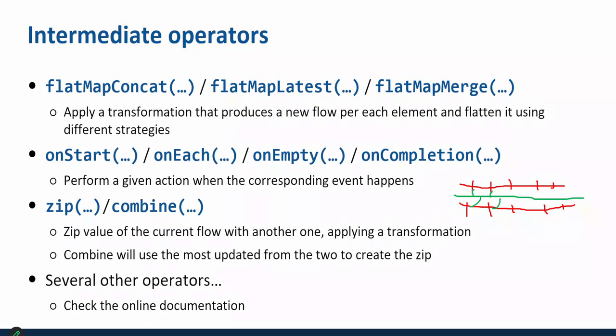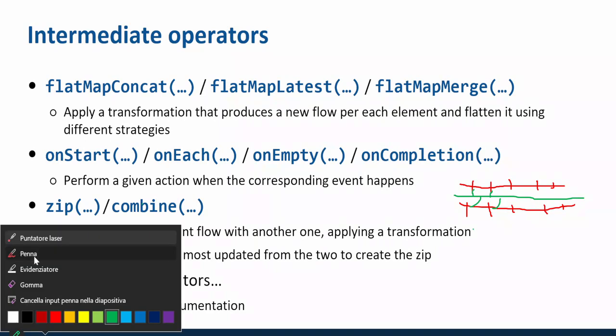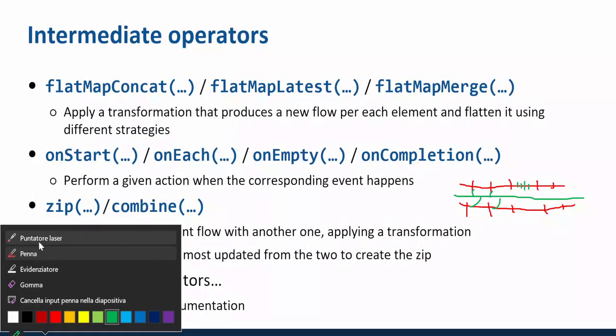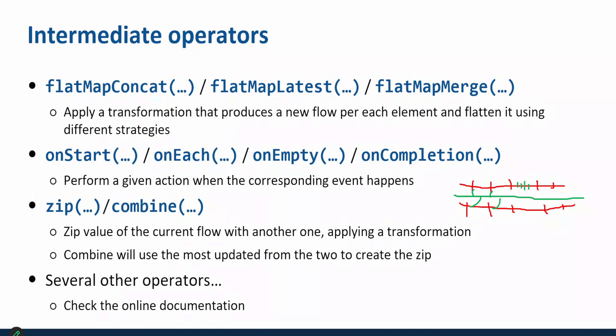So if, for instance, you have one more value here, but you don't have it in the lower part, the combination will happen not by interleaving them as in the zip one.